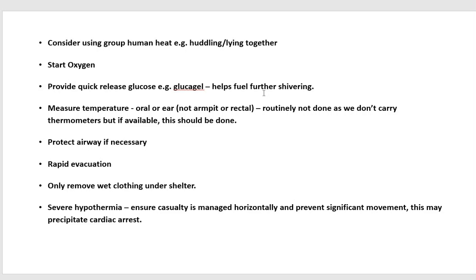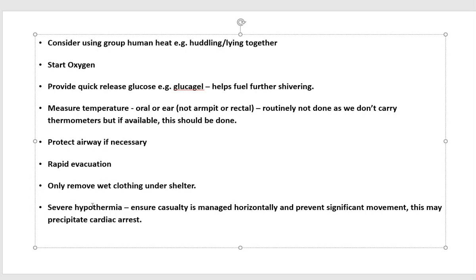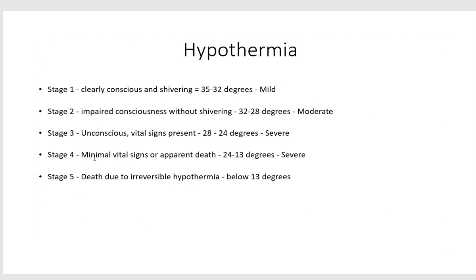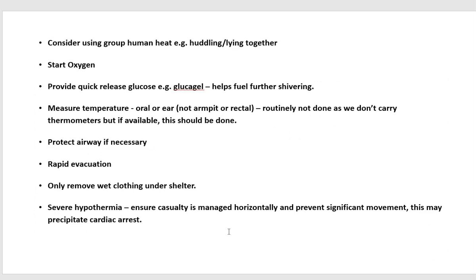And then this sort of point, there are a few specific and quite niche points about hypothermia, and this is one of them. So when you reach the stage of severe hypothermia, so this sort of stage 4, and I guess to some degree it's probably good practice to practice it with stage 3, essentially the casualty has to be managed completely horizontally, and that includes in terms of evacuation if by helicopter.